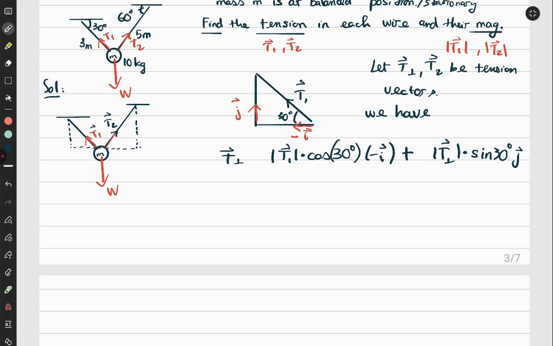Okay, so let's use it over here. Let's call this vector T1, let's call this vector u, v. So T1 equals u plus v, right, according to this.